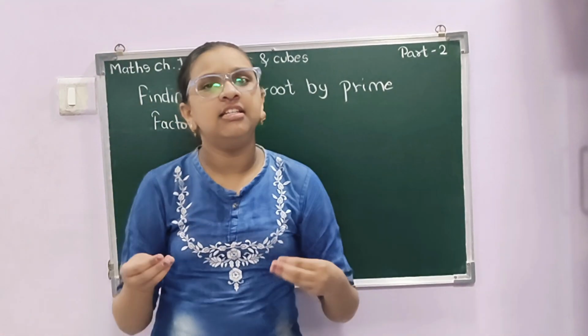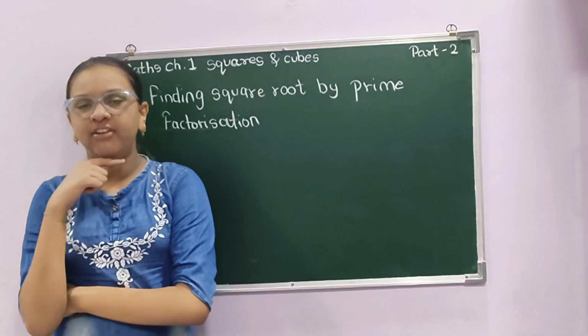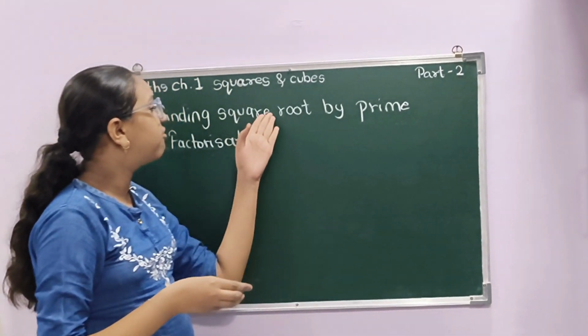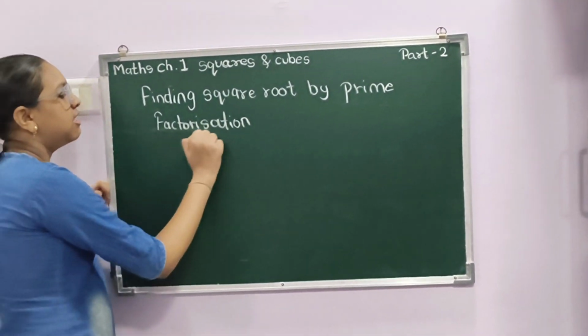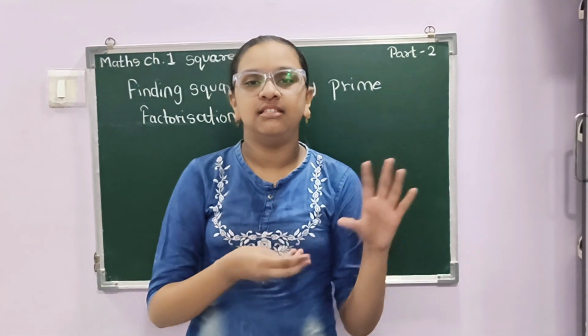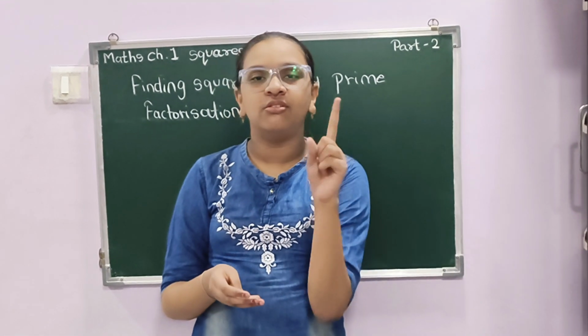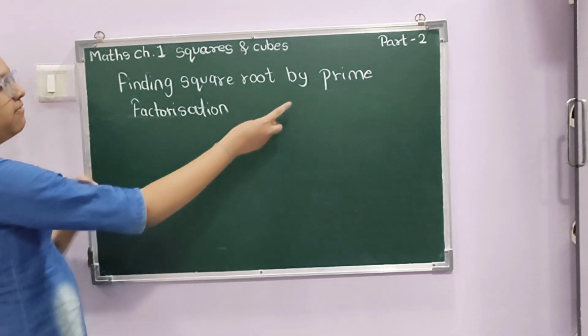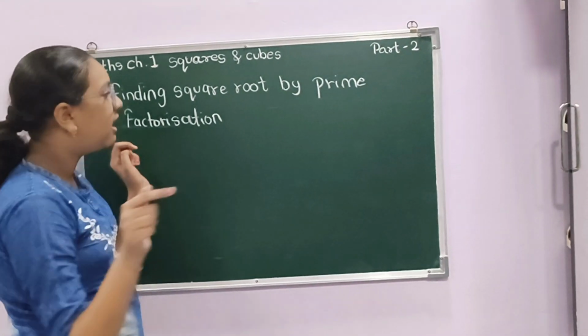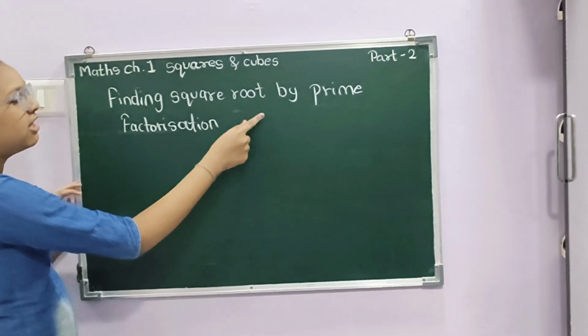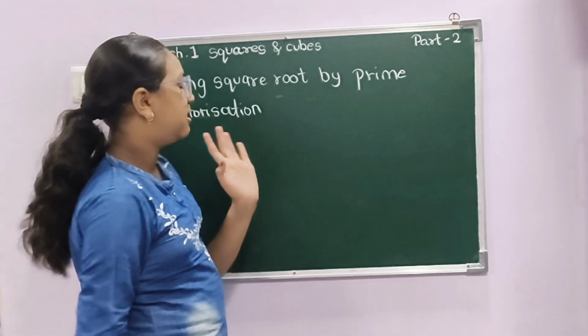Now you will ask, teacher, we have learned about prime factorization, but how do we find the square root by this method? There are some changes in the steps. So don't be confused. The prime factorization you have learned is correct, but for finding square root there are some changes in the steps.